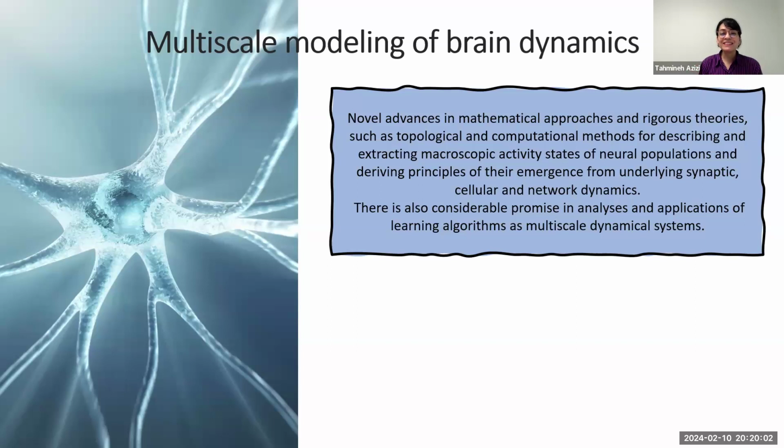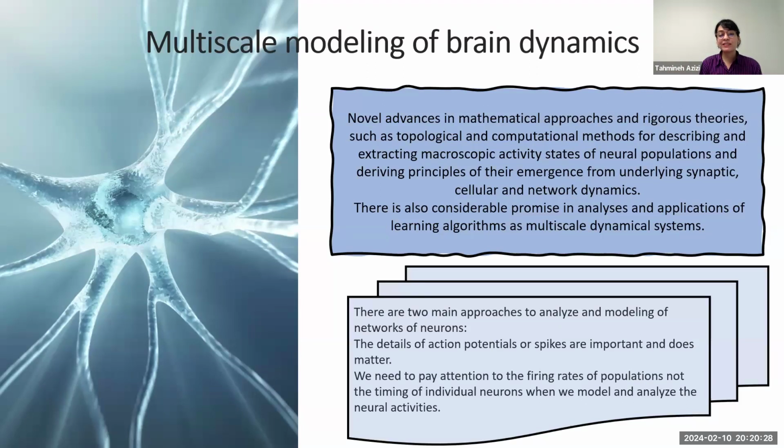These are novel advances in mathematical approaches, and they use different theories like topological methods or computational methods to extract the different scales that we have. We are talking about macro scale and micro scale. We need to model both of these scales in the network of neurons that we have.